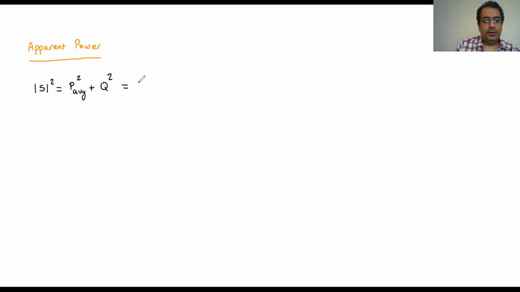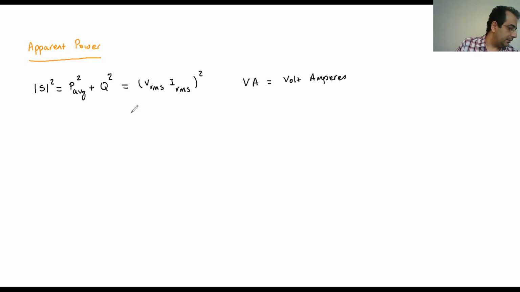Its magnitude, if you do the calculation, is VRMS times IRMS. The unit is called VA, to make sure it's not confused with the other two. It's volt ampere, a volt amp basically.